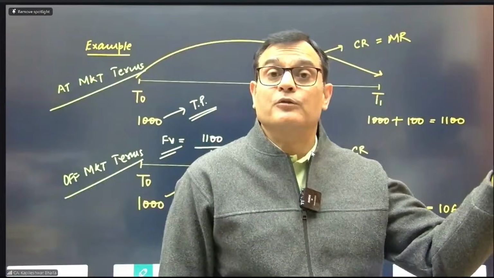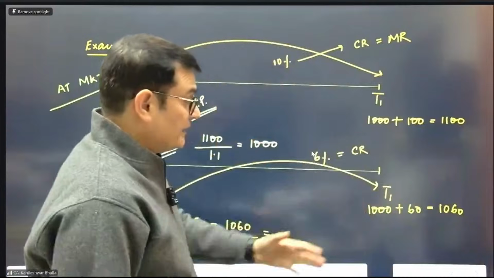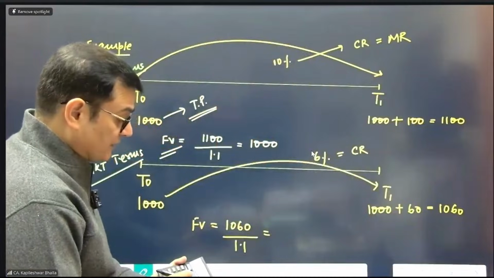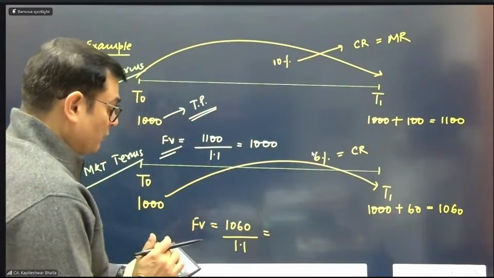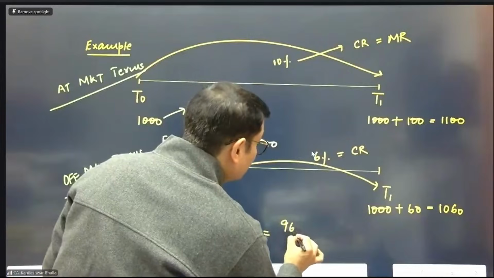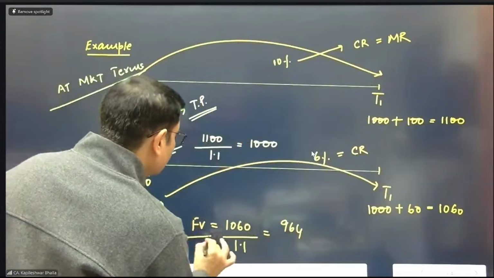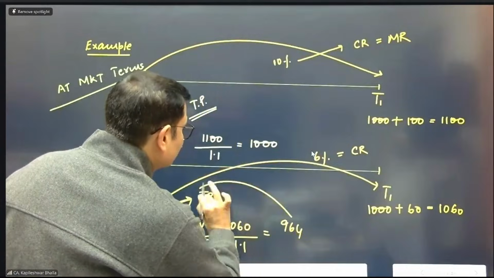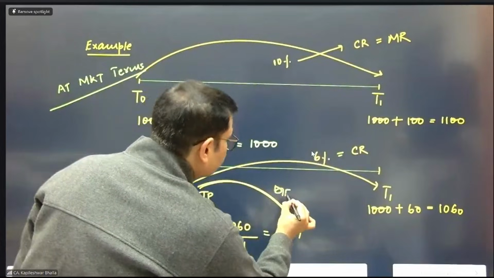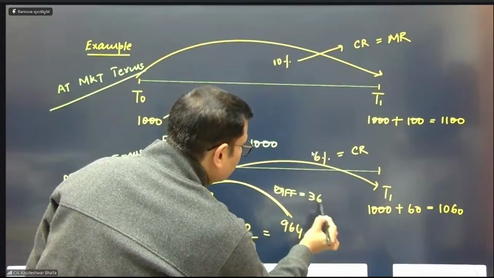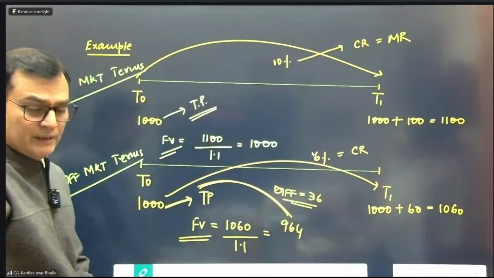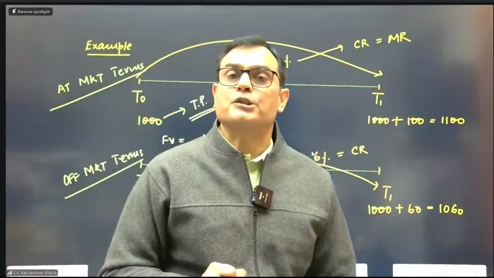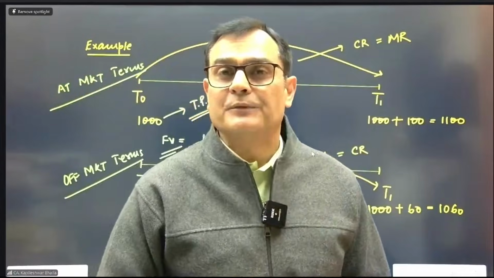So I will discount 1,060 divided by 1.1. It comes to 964. This is the fair value and this is the transaction price, and there is a difference of 36. This is called the difference between the transaction price and the fair value.